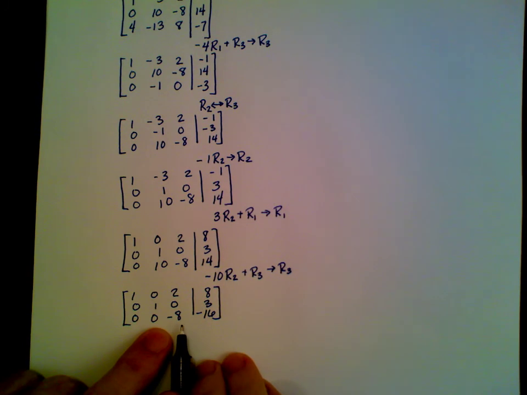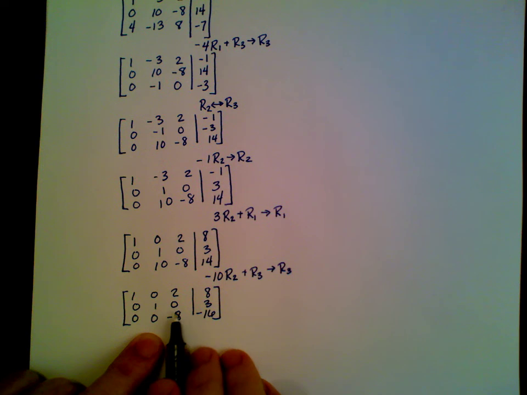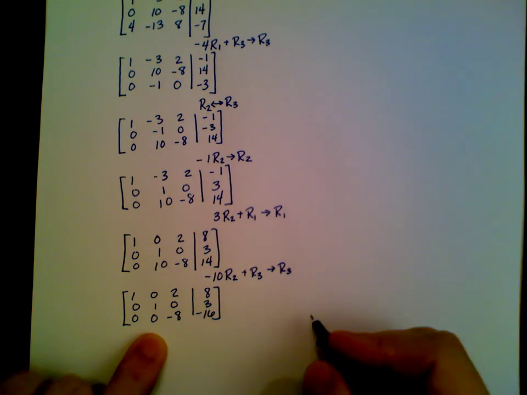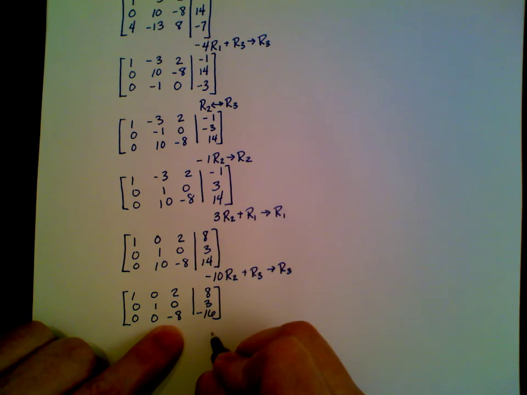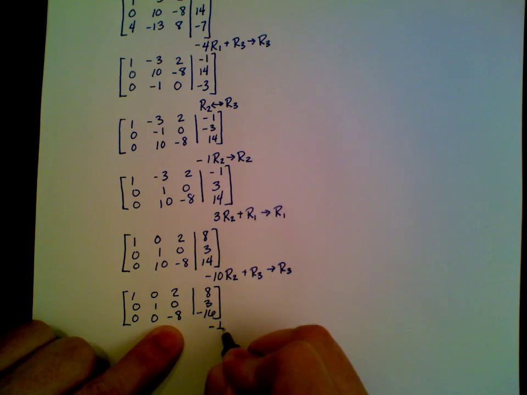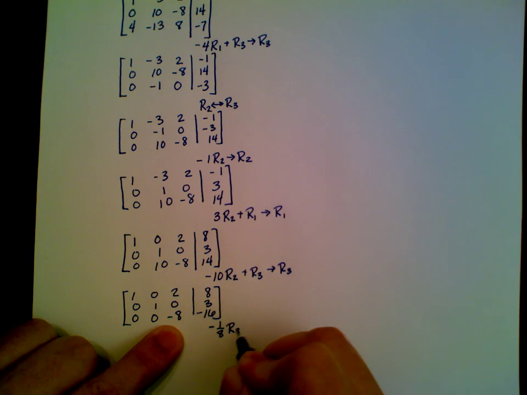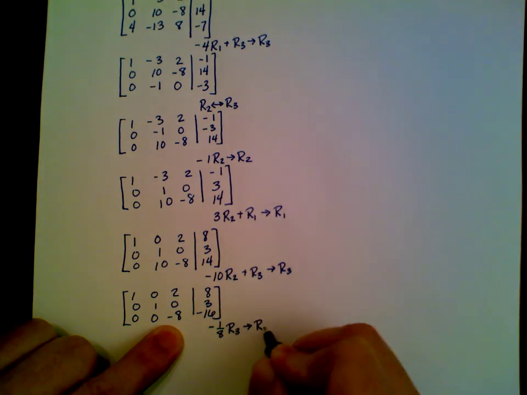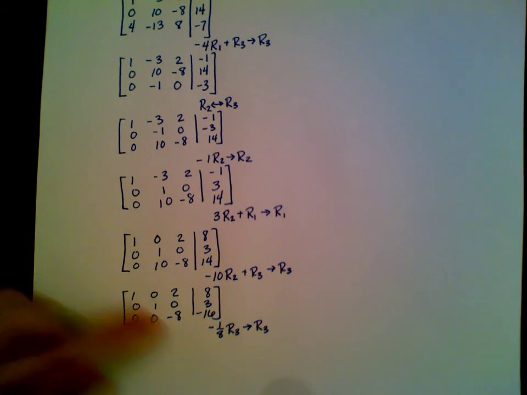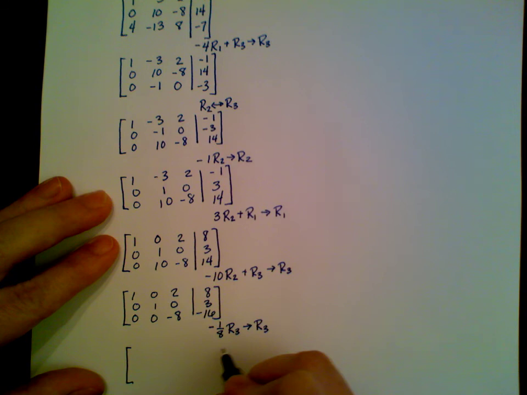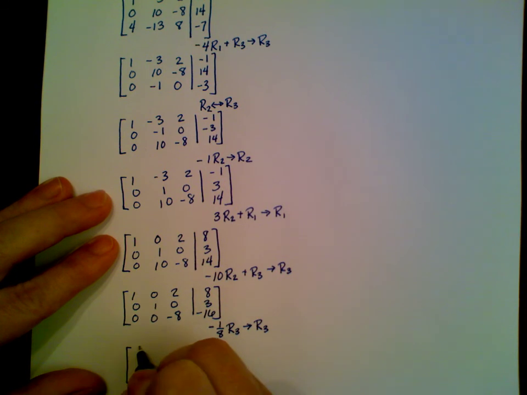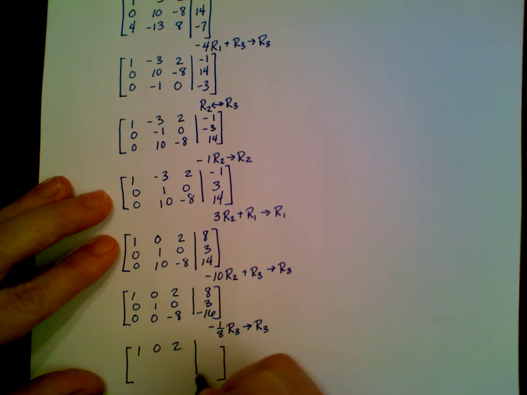So I need to get my 1 where this negative 8 is first. I'm going to do that by multiplying by negative 1/8. So negative 1/8 times row 3, and I'll store that in row 3. So I'm going to recopy my first 2 rows since they don't change.